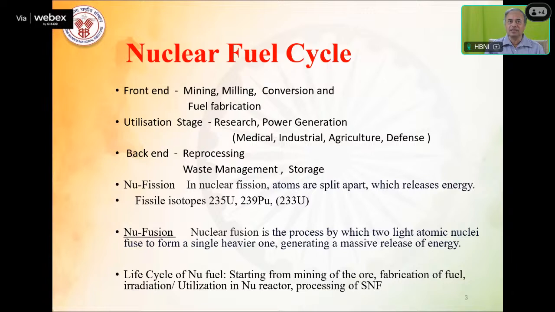These are considered the front-end activities. The nuclear fuel, when it is utilized in the reactors, that is called the utilization stage. We have research reactors or nuclear power plants for generation of electricity.